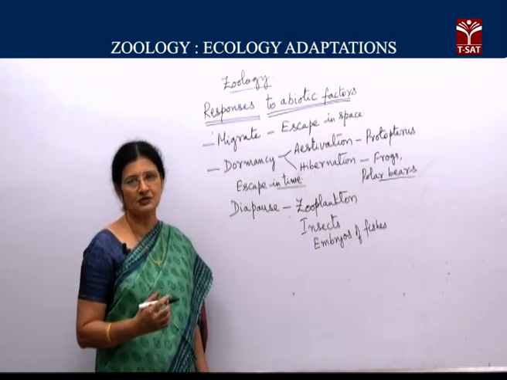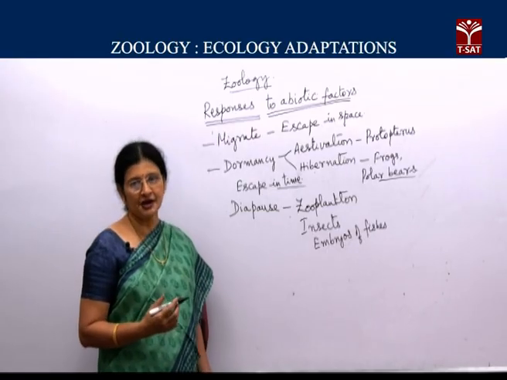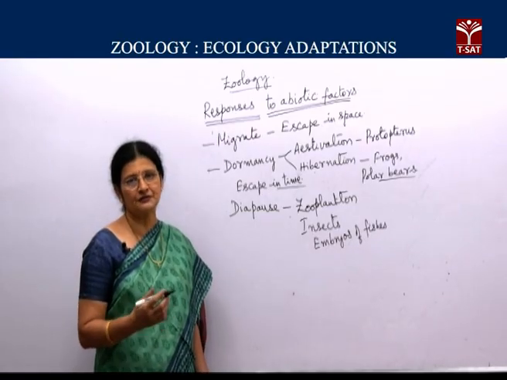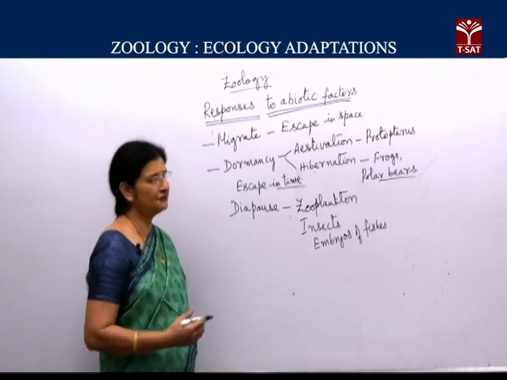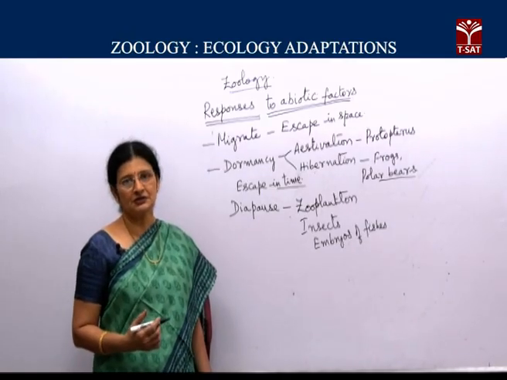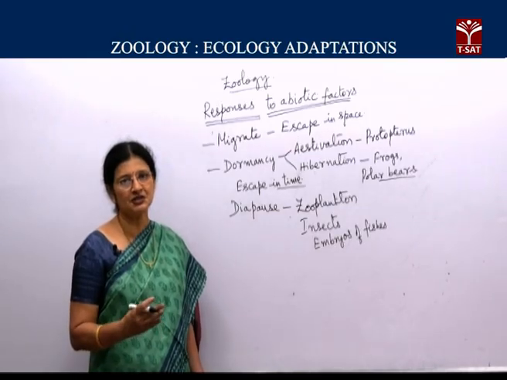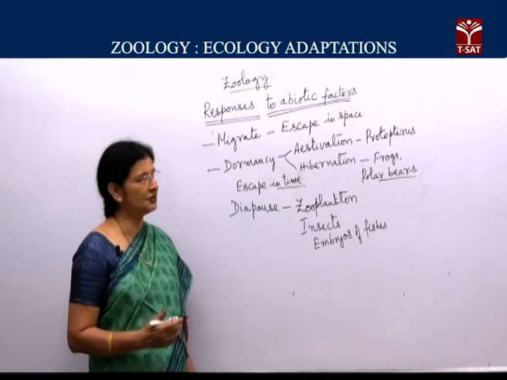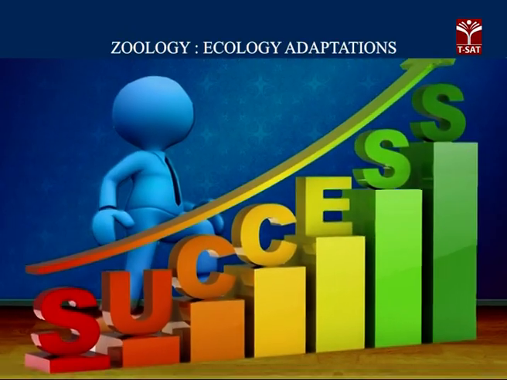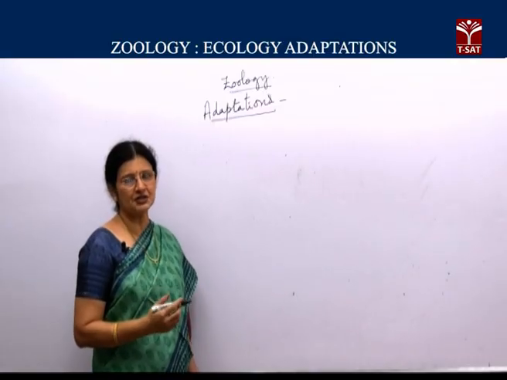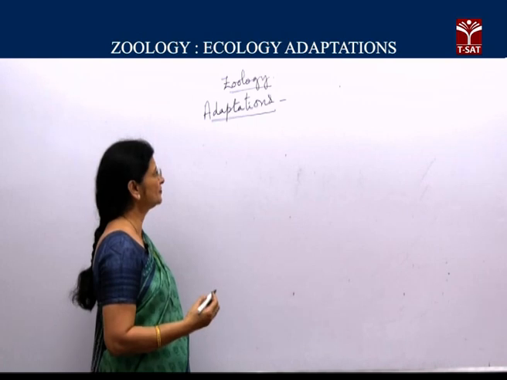Some of them are conformers, and some of them migrate to other places. Some enter into a state of dormancy, and some exhibit diapause. These are some of the responses shown by organisms to abiotic factors. So we find different types of adaptations when abiotic factors are changing.